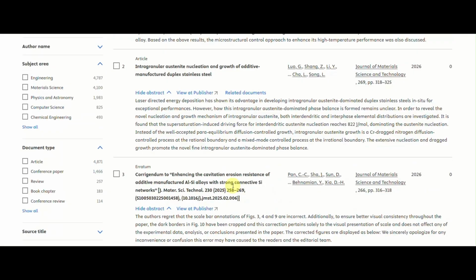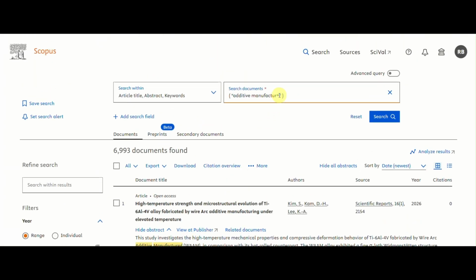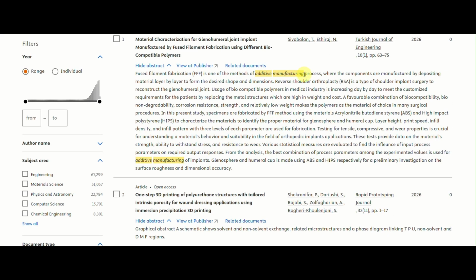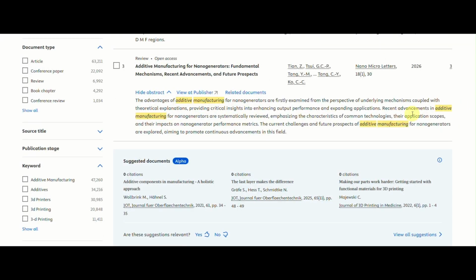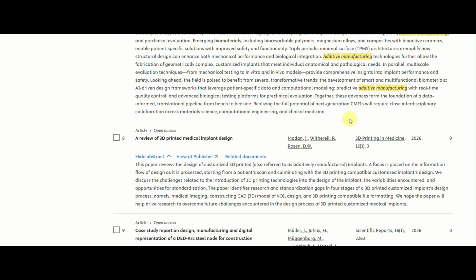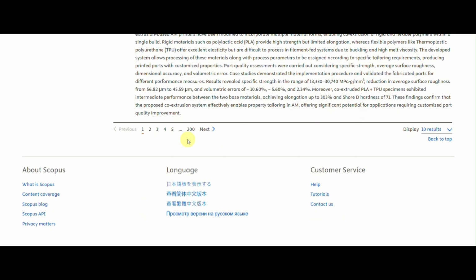I think we can remove the E also. Let's see what is going to happen. Yeah, 99,000. It means now this time it considered ing also, isn't it? Here, if you see, everywhere additive manufacturing. Earlier we have seen additive manufacture also, isn't it?